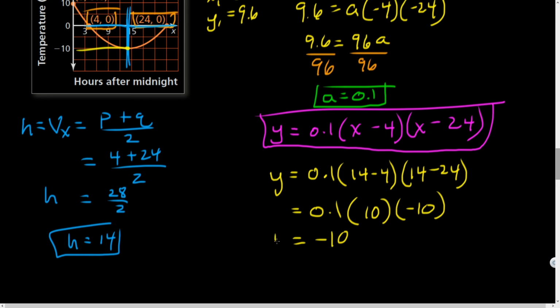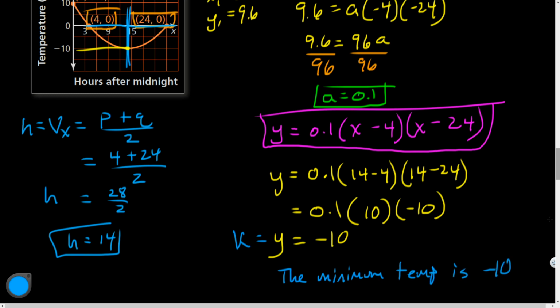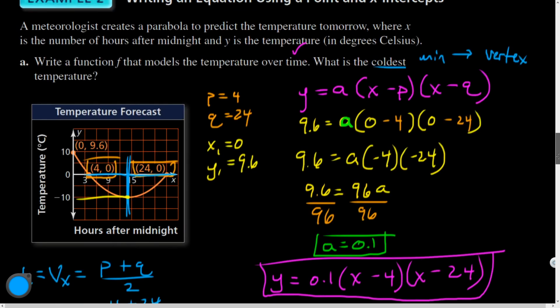And so the output, when the input was that, the other way I could say that this is k, the y-coordinate of the vertex. So the minimum temperature is negative 10, and this is in Celsius, right?